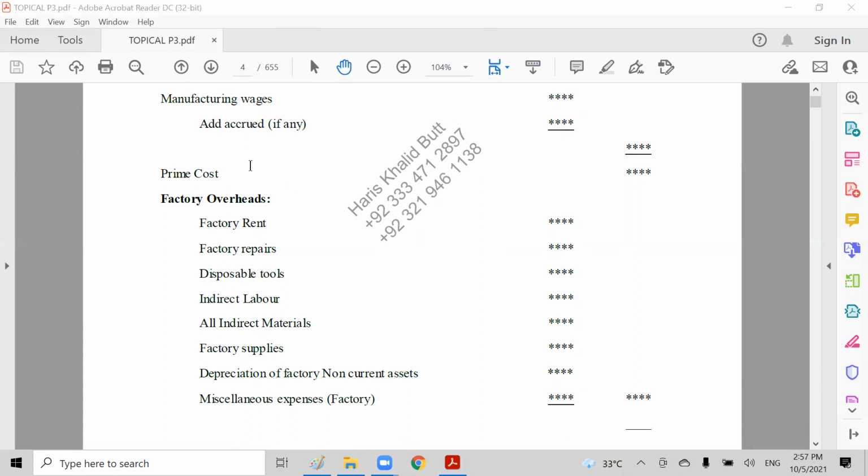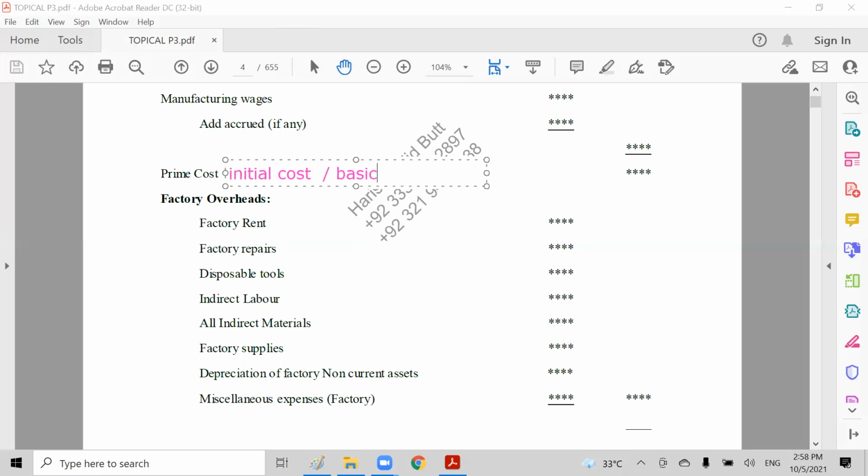Also, I wanted to ask, the accrued and accrual, is it the same thing or different? Same. Which is not yet paid. Accrued means which is not yet paid and neither recorded nor paid. I have to add it and record it in the same manner.